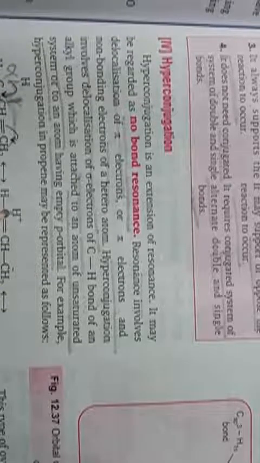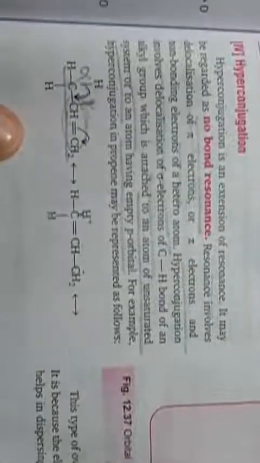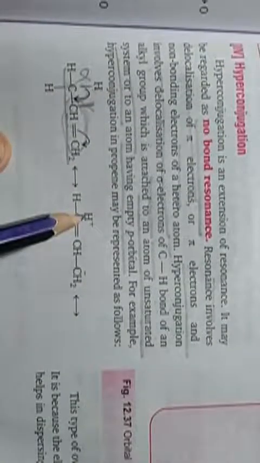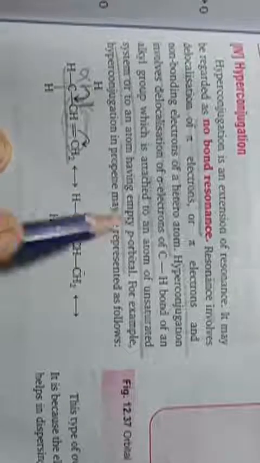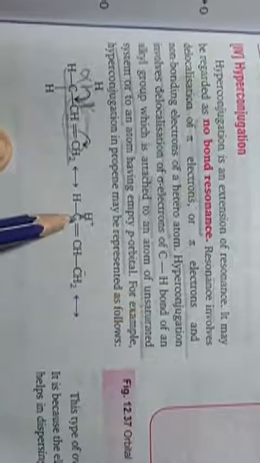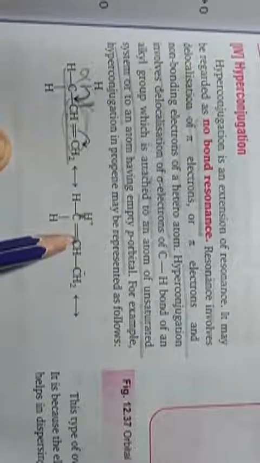Okay, so this group is now having, in this condition, an empty p orbital. So the conjugation of this bond with this bond.